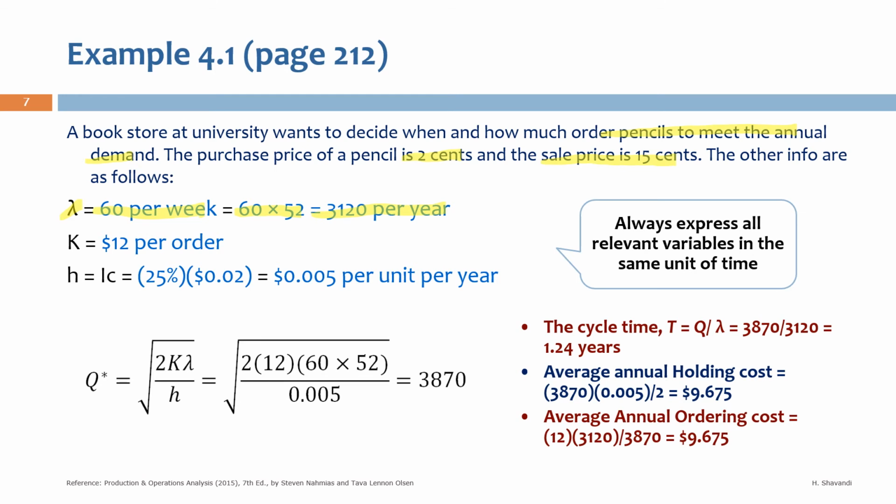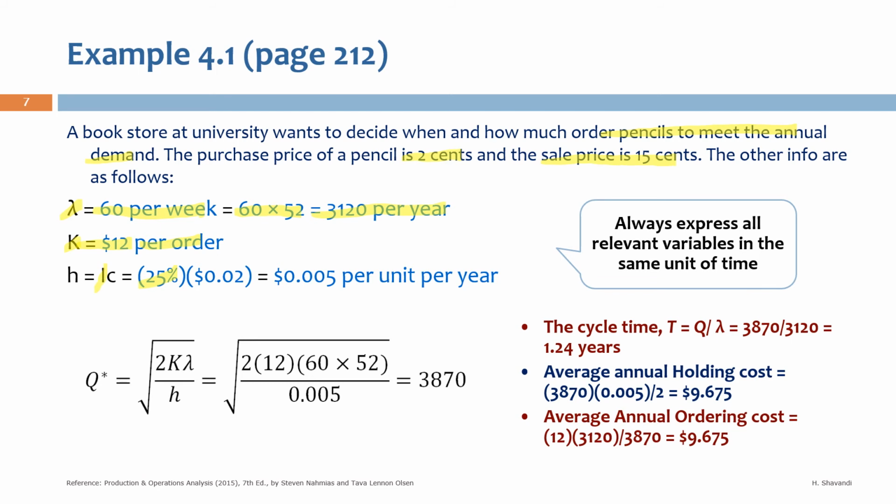Okay, and K, the fixed ordering cost here is assumed to be $12 per order. And here we assume that the aggregated interest rate is 25% for inventory holding cost, and we need to multiply this interest rate by the purchase price, which is 2 cents here.